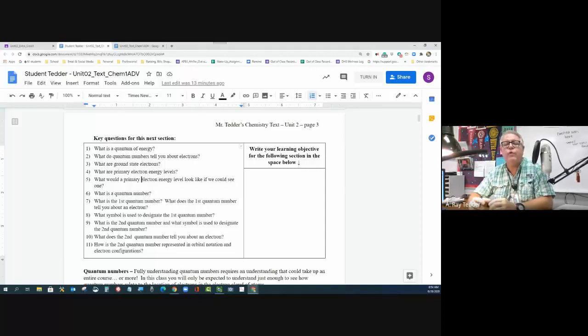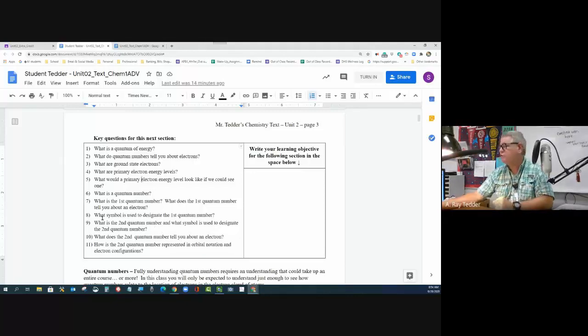But we're going to talk about where those electrons are and what their spin is. That has to do with how the orbitals work. So those levels, sublevels, orbitals, and spin are where you get the 4 quantum numbers for every electron. We don't learn what those actually are.